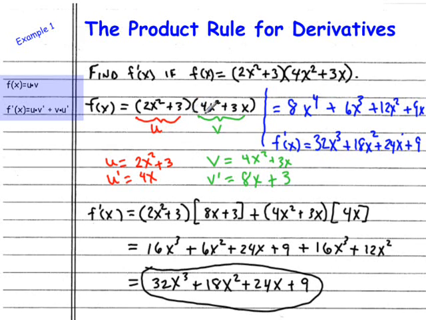That is, f of x is really 8x to the fourth plus 6x cubed plus 12x squared plus 9x, which is what we get when we multiply these two binomials together.